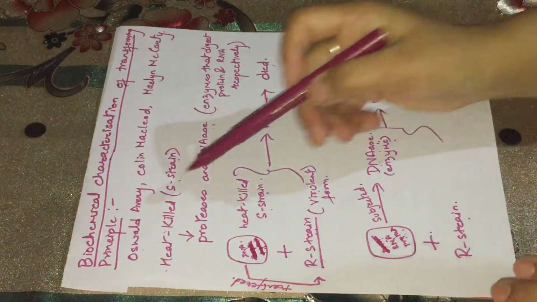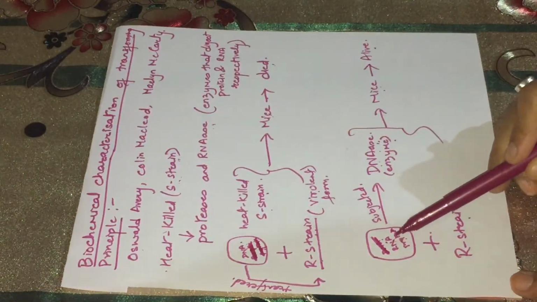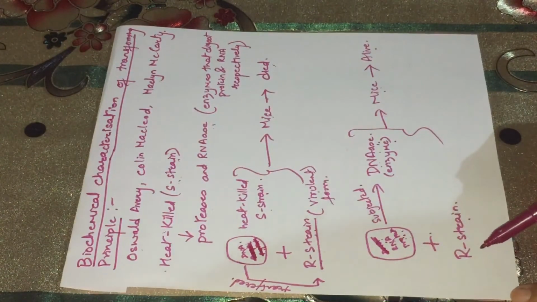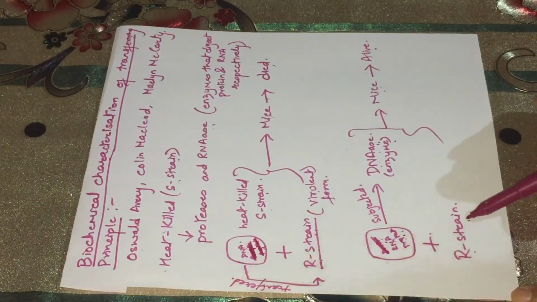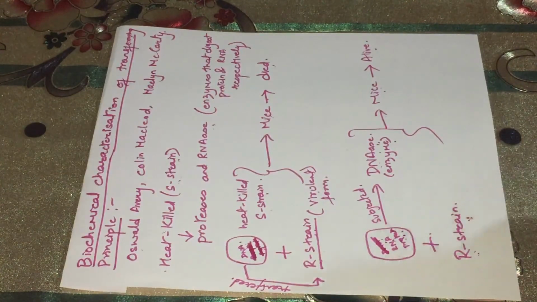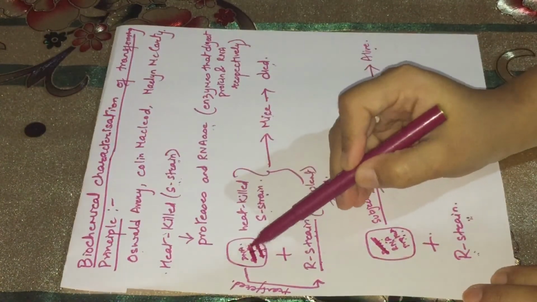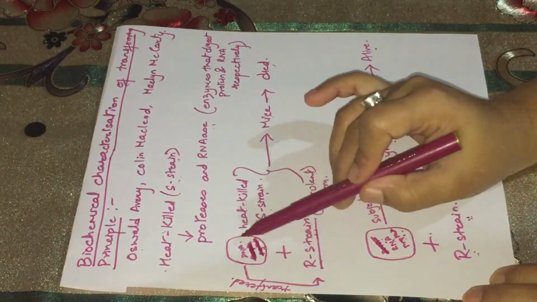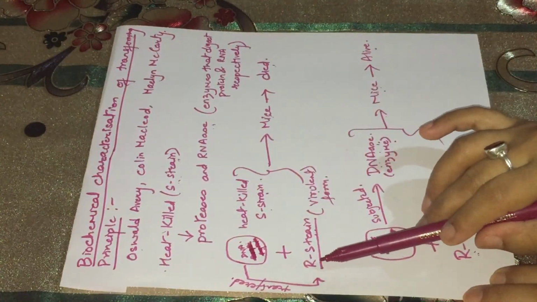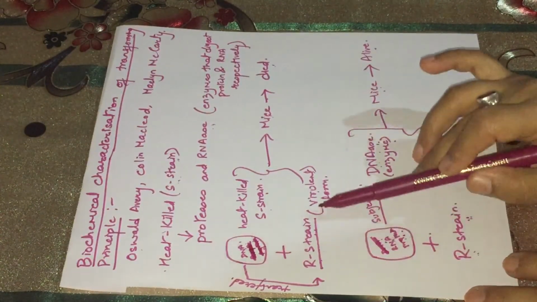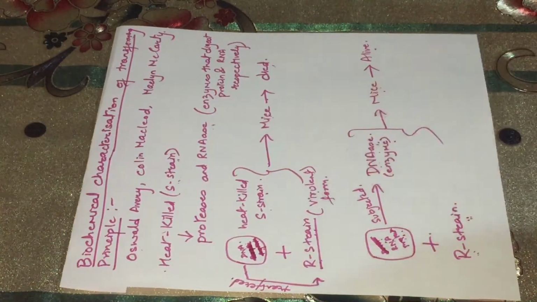So they could again conclude that it is not RNA and protein that are transferred into the cell of the R strain and transform it into virulent. It was actually DNA only that was transferred from this cell to the R strain bacterial cell and transformed it into the virulent form.